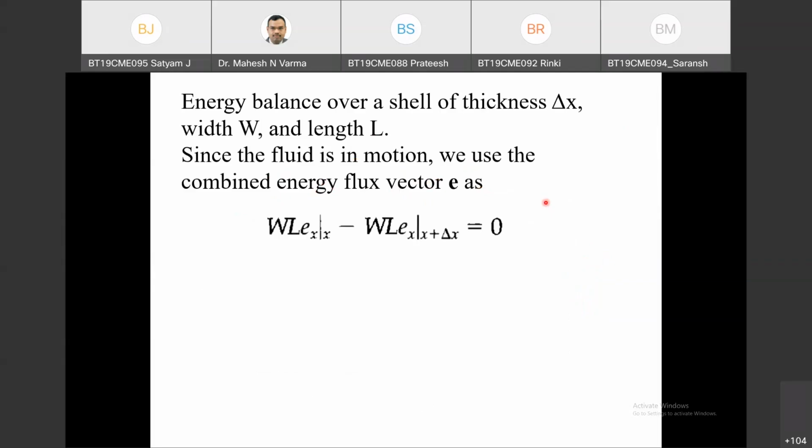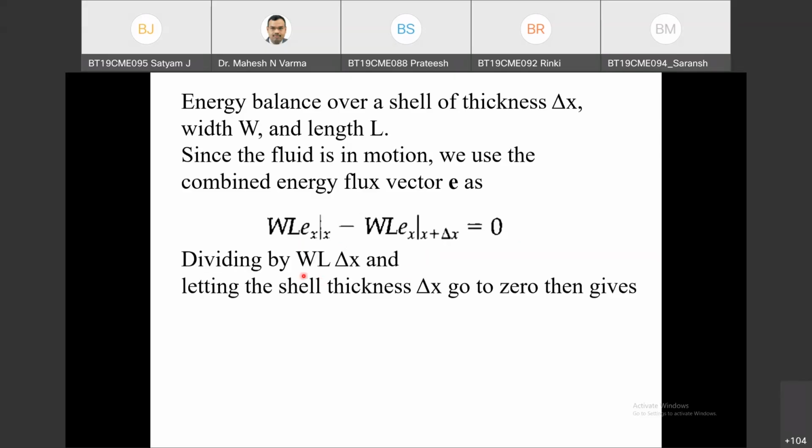So the rate of energy coming in by combined energy flux minus the rate going out by combined energy flux equals 0. Dividing by the volume of the differential shell, W into L into delta x, and letting delta x tend to 0, what I will get is d by dx of Ex equals 0.